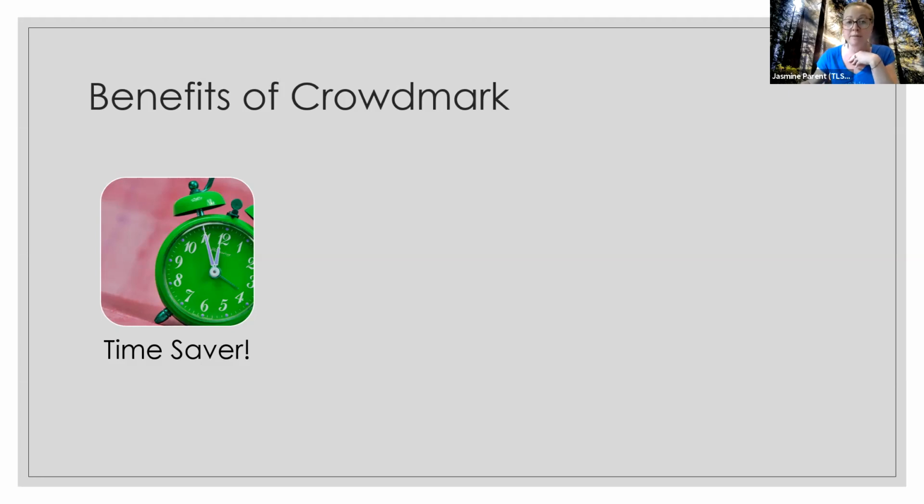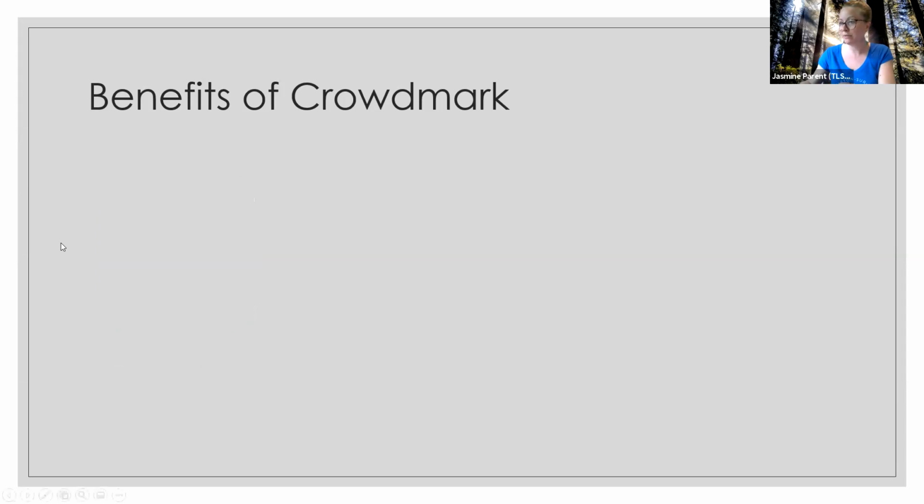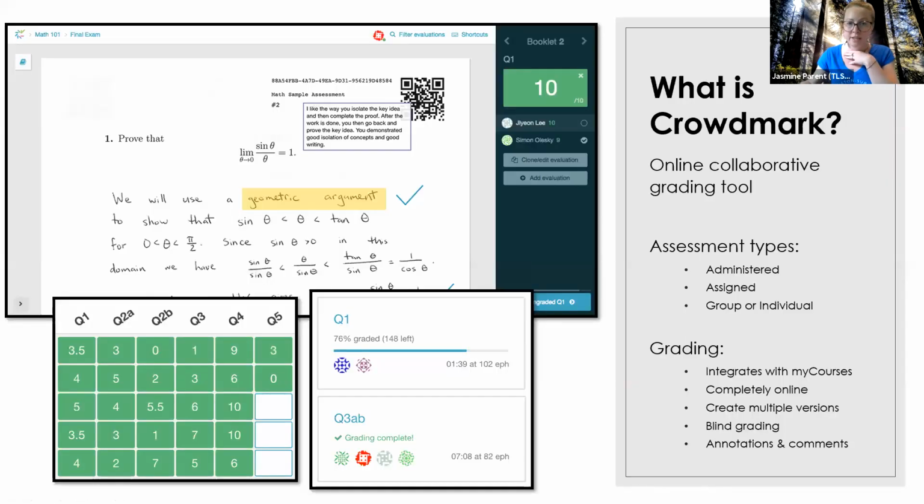You can also see and manage the amount of time. This was mentioned, I think, by one of the presenters today, how much time it takes graders to grade components, and you can manage who is doing what. So just to go back to this previous slide, you can see here these little icons indicate different TAs, and you can see that different TAs can be responsible for different questions.